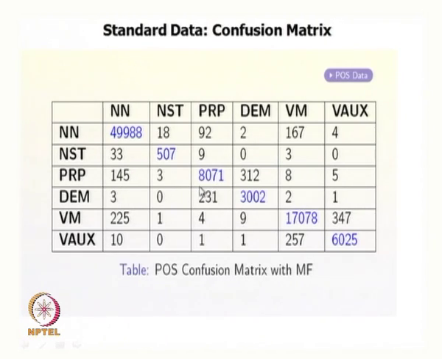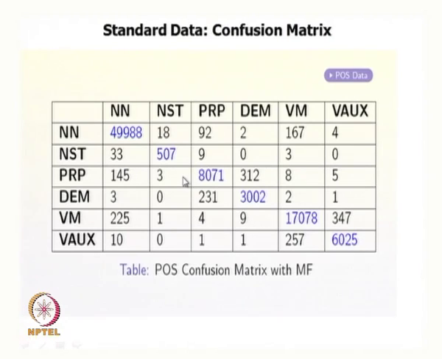So, we roughly have about 8,500 PRPs in the corpus. Out of that, 8071 times the PRP has been correctly tagged; other times other tags have been placed for PRP, which is wrong. So, PRP has been confused as DEM 312 times. What about DEM? DEM has been confused as PRP 231 times. Now, these numbers are important for us.